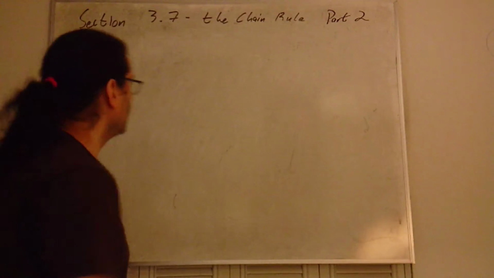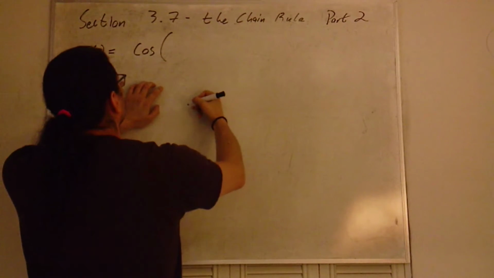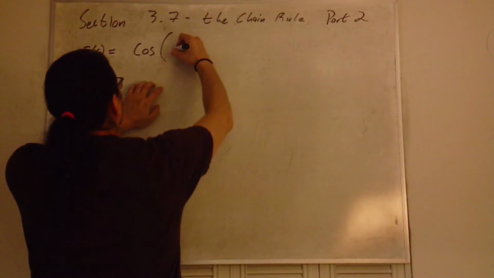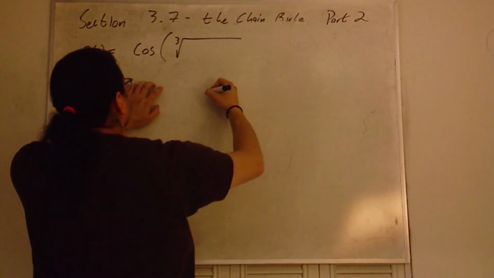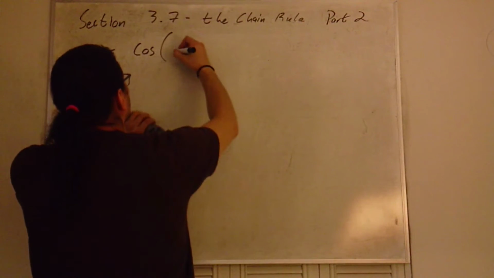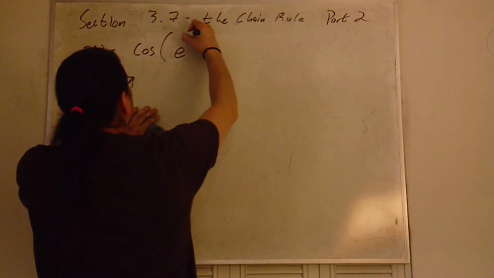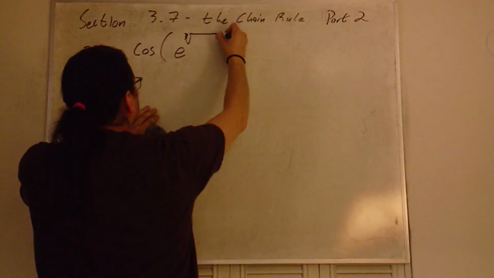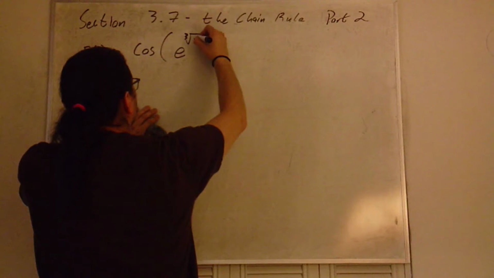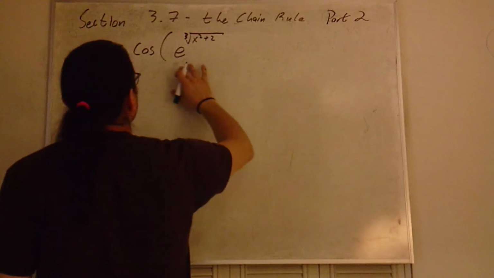Let's do a cosine of e raised to the cube root of x squared plus 2.